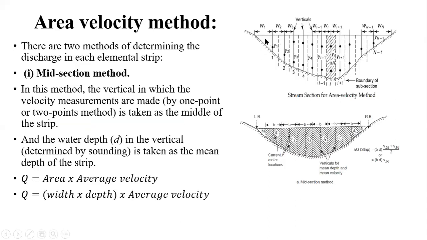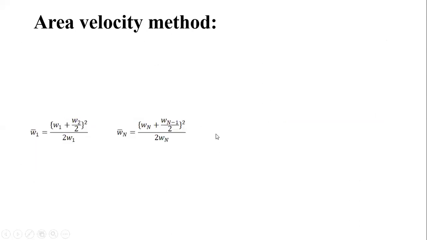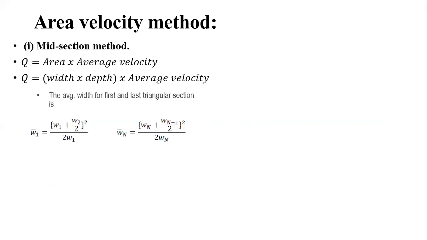Nearly rectangular, but this is a triangular portion. So for finding the width of those two sections, generally we use the formula: average width of the first and last segment is the width of the first segment or vertical plus half of the width of the second, bracket squared, upon 2 times the width of the first one. This is used for finding the width of the first and last segment.